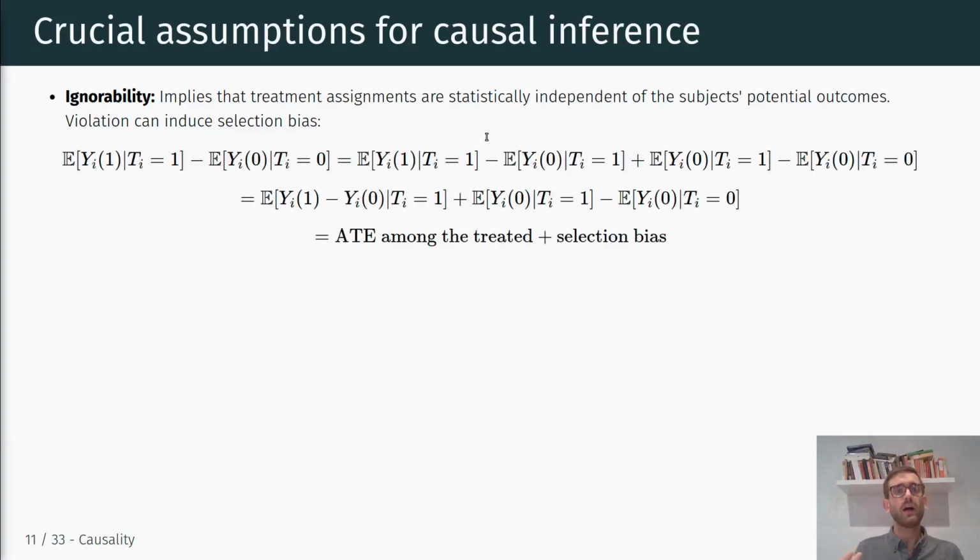Okay, so why does violating this assumption induce selection bias? Here's one way to mathematically show, or give you a conceptual idea of, what we mean by selection bias. We begin with the basic definition of the average treatment effect that we had previously: the expectation of the potential outcomes in the treatment group minus the expectation of the potential outcomes in the control group.